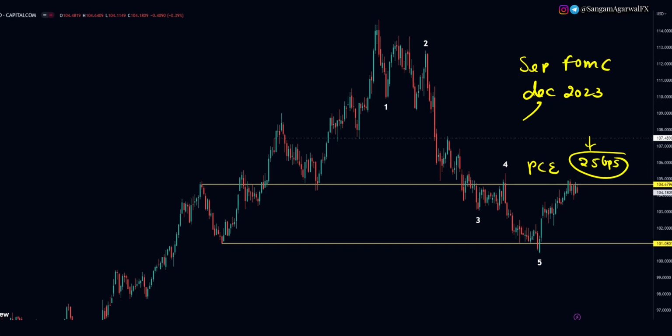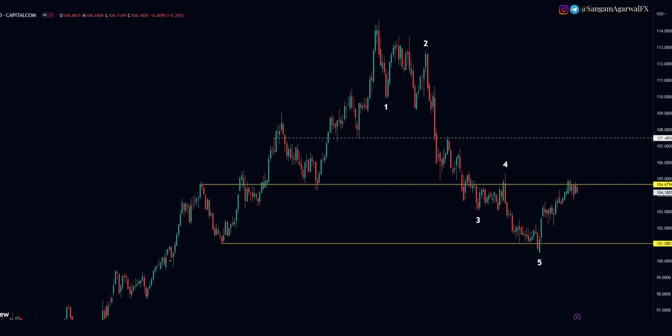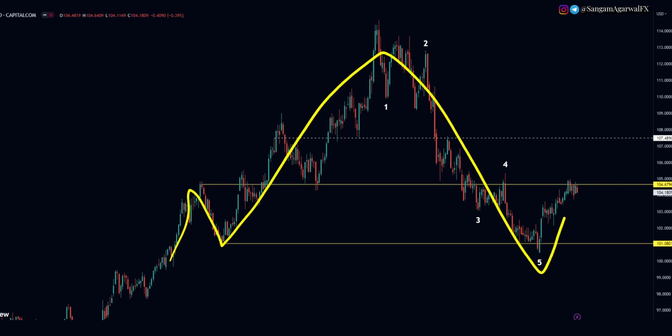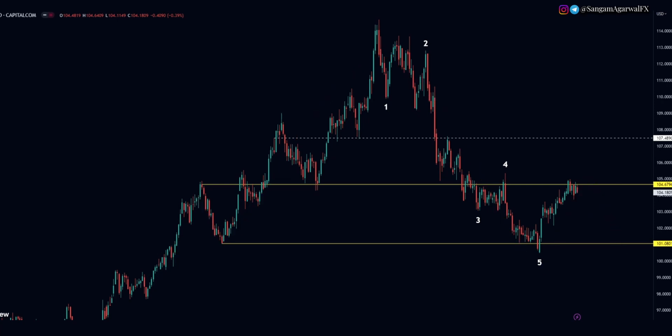So if that happens, that market pricing for a rate cut in this year 2023 can send the dollar below 104. And since this is your possible head and shoulder chart pattern, there is a possibility we see vertical price action from this level.